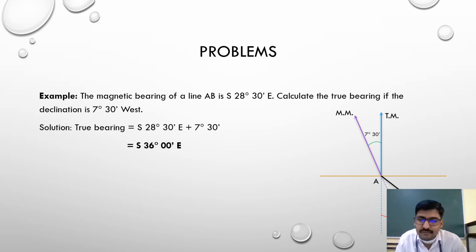That is the reason why I have drawn the magnetic meridian towards the left side, showing it as 7 degree 30 minutes west. So line AB has bearing south 28 degree 30 minutes east. Southeast in the sense it is in the fourth quadrant, and it makes 28 degree with respect to south. That is south in the sense magnetic south, remember.